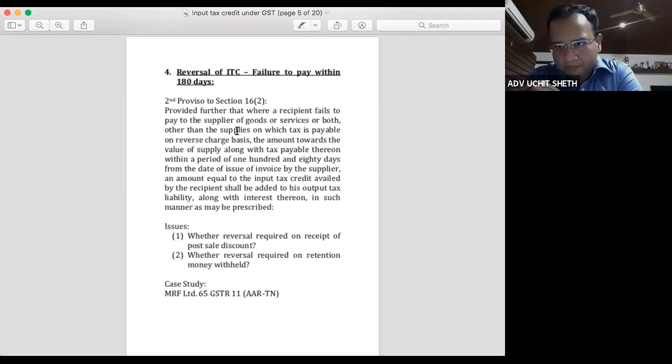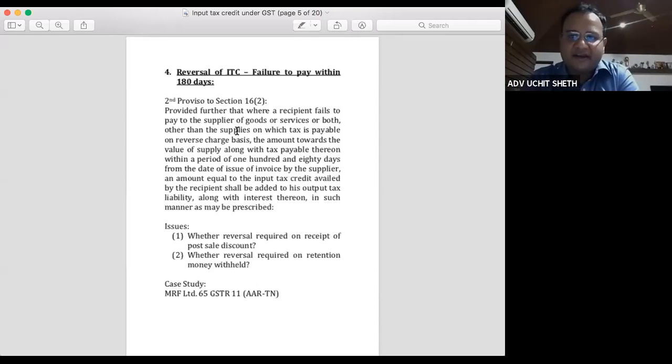Now, the question is that the buyer only pays 90 rupees, but the seller pays tax on 100 rupees. We take an example of a tax rate of 10%. So the seller pays 10 rupees of tax, and the buyer pays consideration of only 90.